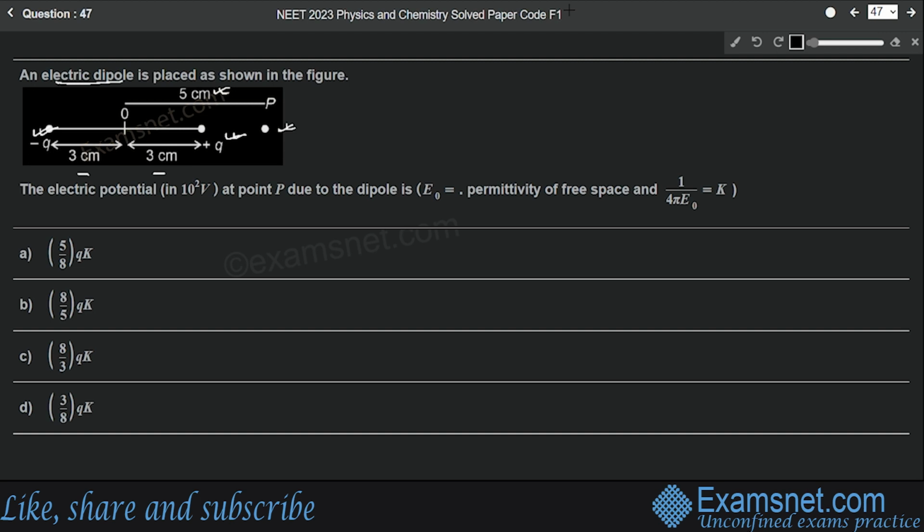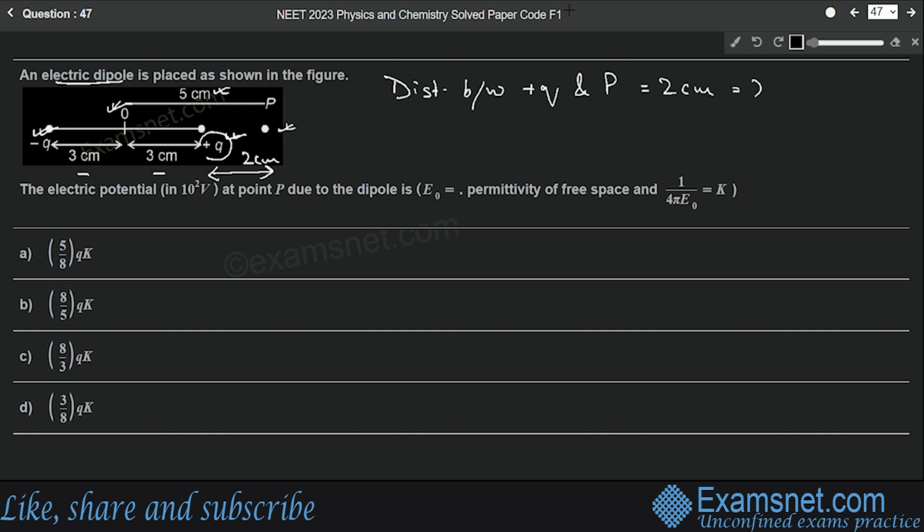Now here you can see that from point O to point P, the distance is 5 centimeter, and from point O to this plus Q charge, the distance is 3 centimeter. That means the distance between plus Q charge and P will be 5 centimeter minus 3 centimeter, that is 2 centimeter. So the distance between plus Q and point P is 2 centimeter, right?